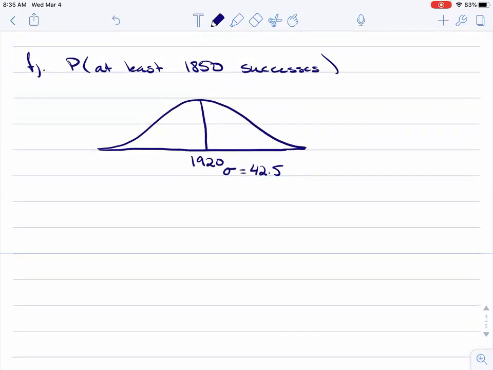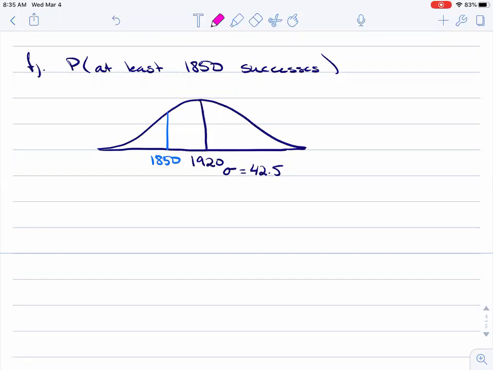All right. So now we're back to a Z-score situation, right? And so 1850 would be to the left of 1,920. And so if I draw this kind of here, maybe, the probability that we're looking for is the probability that we have more than 1850, right?